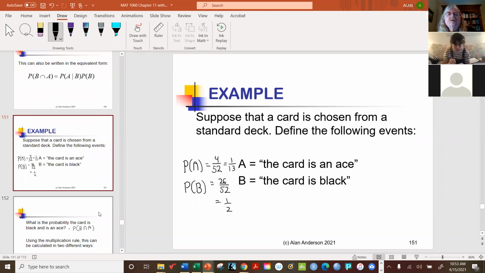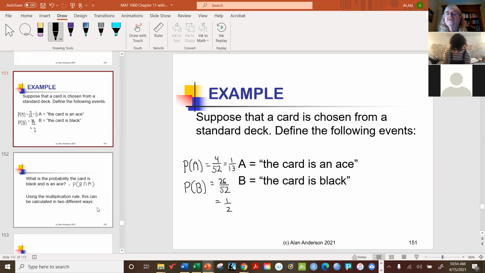Now, here's the interesting question. What if I'm interested in the probability that both of them are true? Not just A, not just B, but both. Ooh, that changes everything because now all of a sudden we're looking at a joint probability, which makes it a candidate for the multiplication rule.